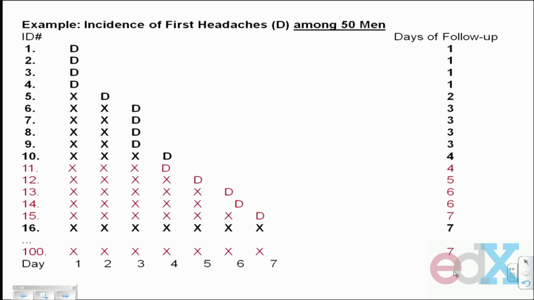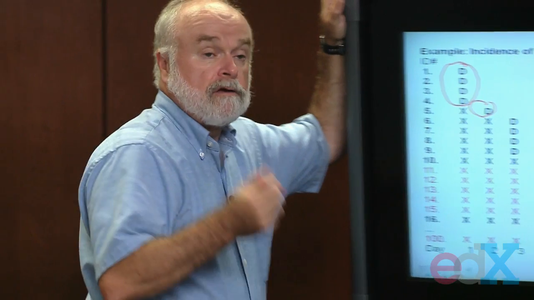And notice, if we look at the 50 men, it includes the 4 people who developed headaches on the first day, and the person who developed a headache on the second day. What I have over here in black are the amounts of person time contributed by the men in this study. So for the time being, ignore the red, as if it weren't there.